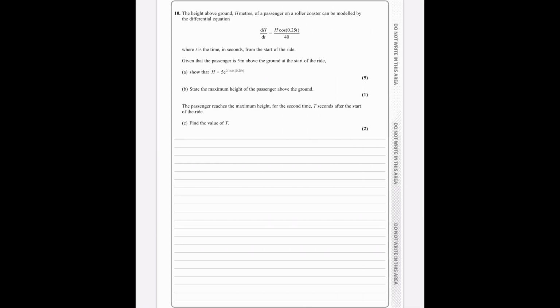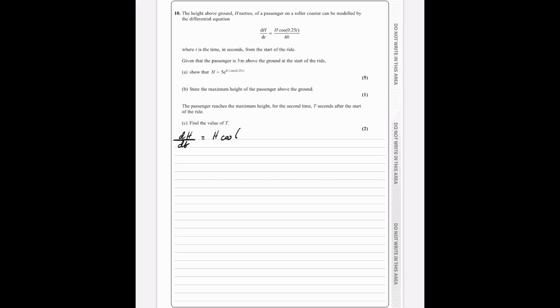Okay, for question 10, it gives us a differential equation. And so for part A, essentially we're just solving the differential equation dh by dt equals h cos of 0.25t all over 40.